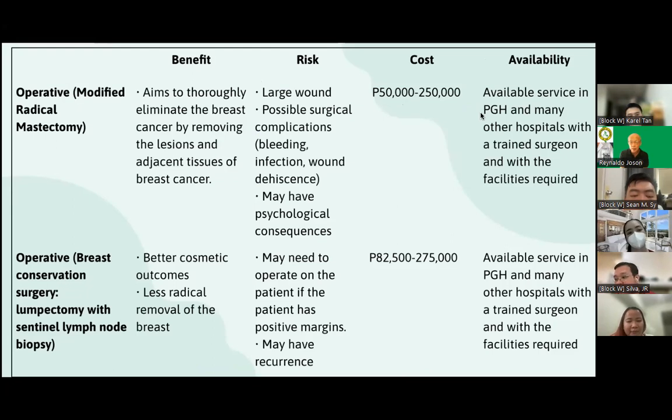So if you don't have the radiotherapy facilities, then you cannot do the breast conservation, if breast conservation would entail lumpectomy and radiation, right? Those are the two examples that I would like to give to emphasize the importance of using the aid in your decision making.